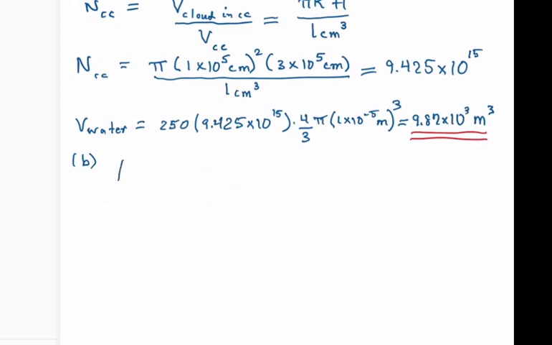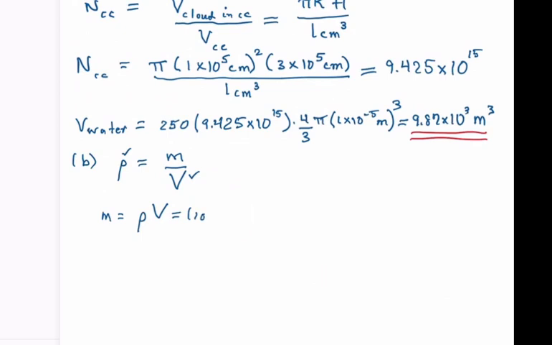In fact, let's write that symbolically. Mass density is mass divided by volume. We're going to use that formula. We know the mass density of water. We know the volume of water in the cloud. So we're just going to solve symbolically for the mass, multiply both sides by the volume, V. Mass is density times volume, and we're just going to plug in numbers.